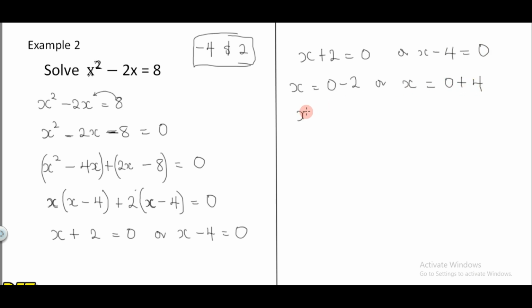So x is equal to 0 minus 2, which gives minus 2, or x is equal to 0 plus 4, which still gives 4, right? So this is our answer to this question: x is equal to minus 2, or x is equal to 4. These are the roots of this quadratic equation.